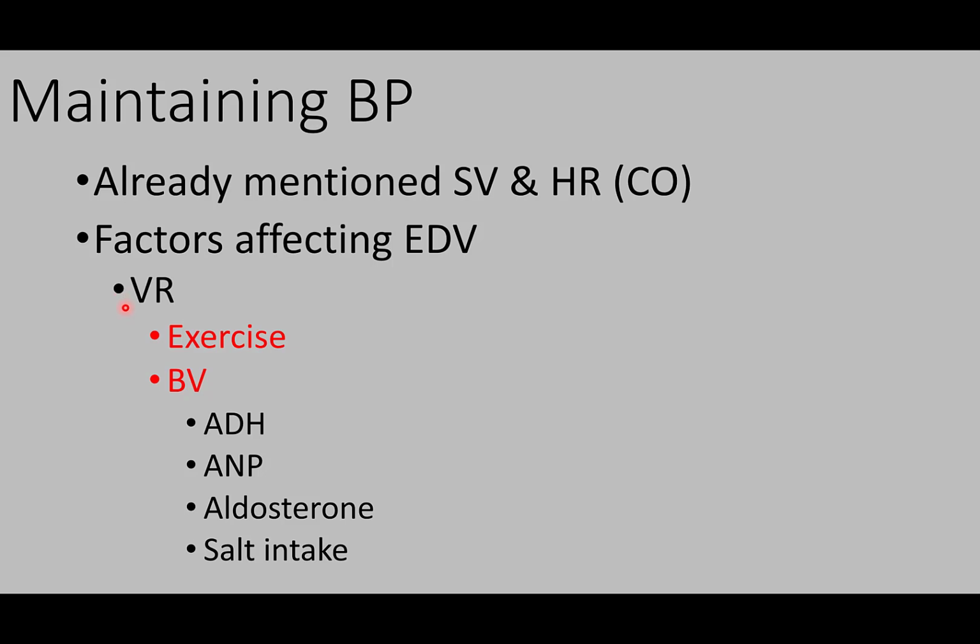If there is an increase in venous return, then there will be an increase in EDV. And if there is an increase in EDV, there will be an increase in stroke volume. And if there's an increase in stroke volume, there's going to be an increase in cardiac output.